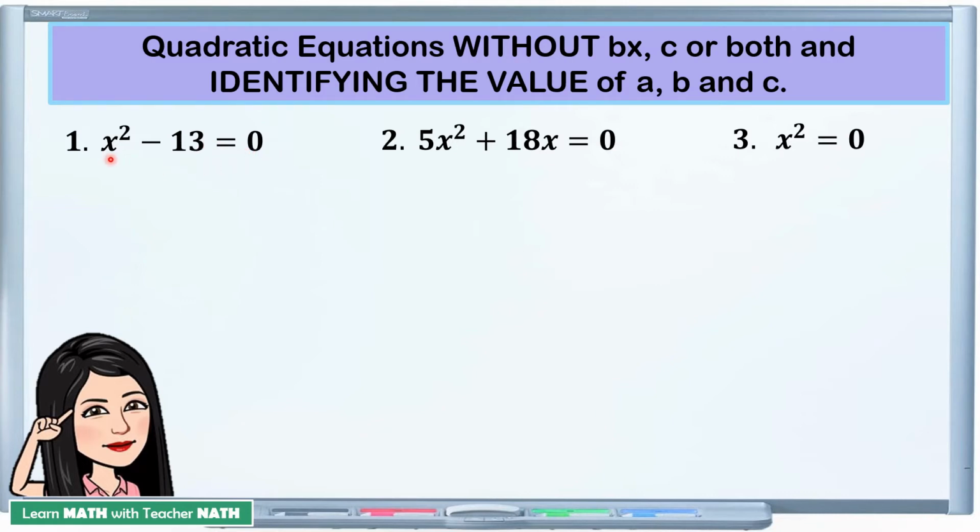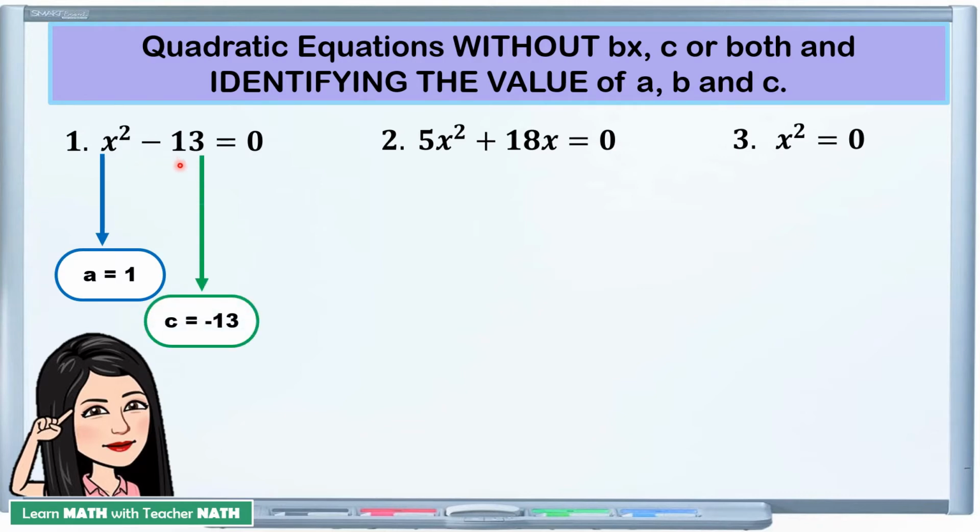So, ang x squared natin dito ay ang quadratic term at ang negative 13 natin is constant term. So, meron na tayong value for A which is 1. And our C will be negative 13. Dahil wala tayong linear term, automatic na ang B natin is equal to 0.